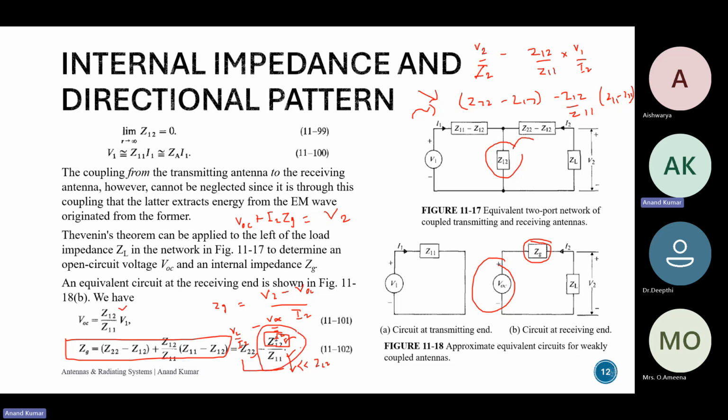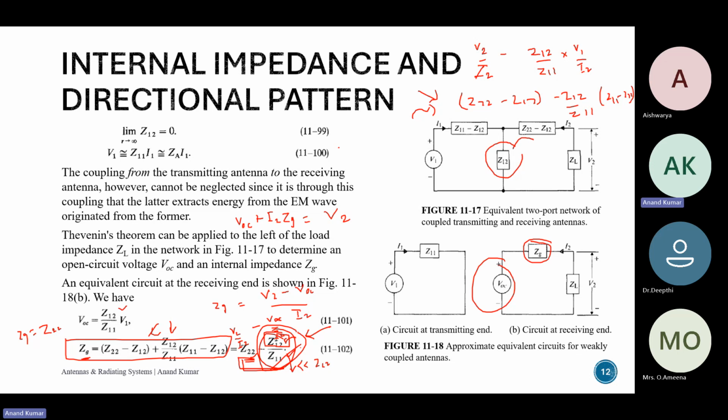So in this case we can ignore this, which implies ZG, the generator impedance, is equal to Z22, and this is essentially the input impedance of the receiving antenna.